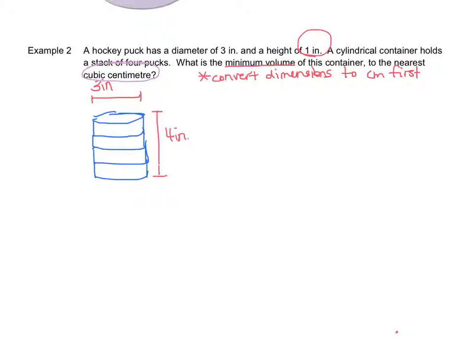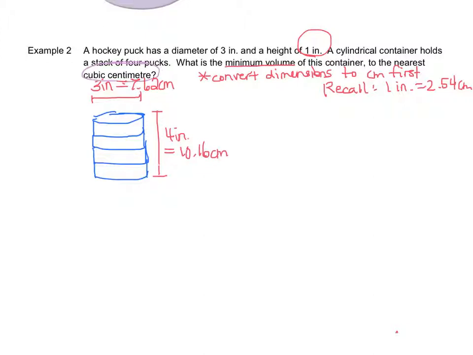Remember that 1 inch is equal to 2.54 centimeters. So using that conversion, 3 inches would be 3 times 2.54 centimeters, so 7.62 centimeters. And 4 inches would be 4 times 2.54 centimeters, so 10.16 centimeters.